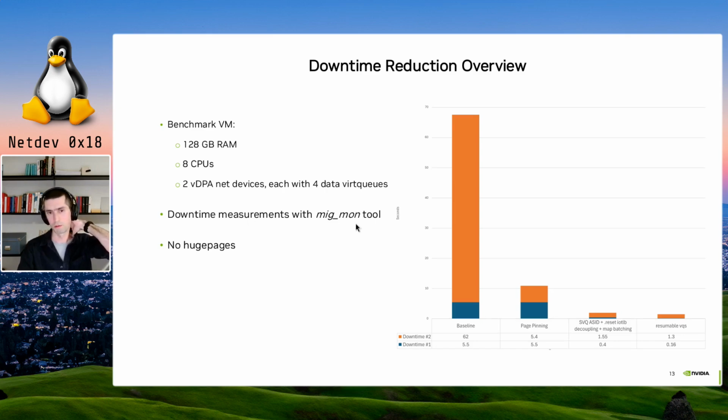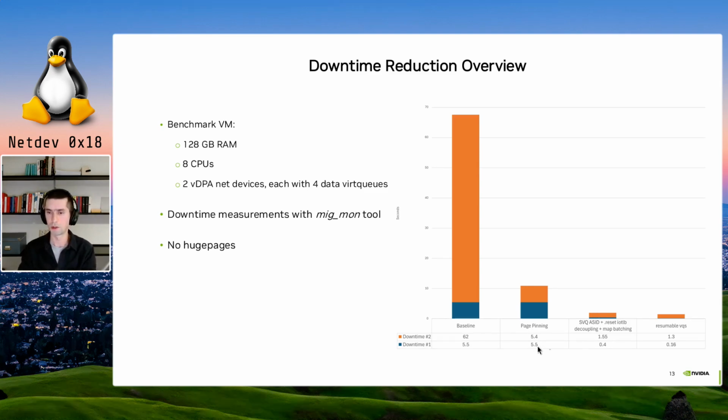The numbers are taken with Migmon. Initially, you see here the page pinning cost, which disappears in the second column. You see that there's no more. It's a big improvement already. Then you see another improvement once all these were in the same batch, so I don't have separate numbers.